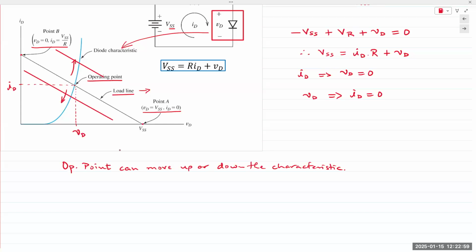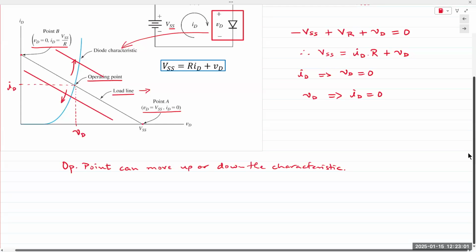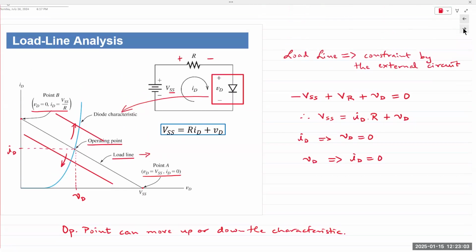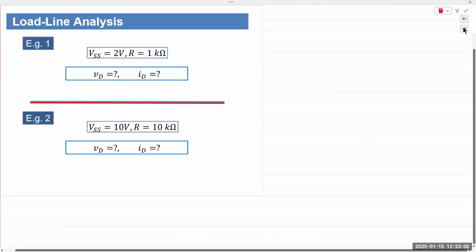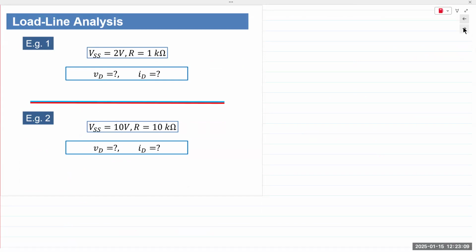All right, let's take a look at a few examples. Let's say we have the same circuit as the previous one, and the value for VSS is given to us, and the value for R is given to us. If we would like to solve this, then we simply plug the values into the equation.